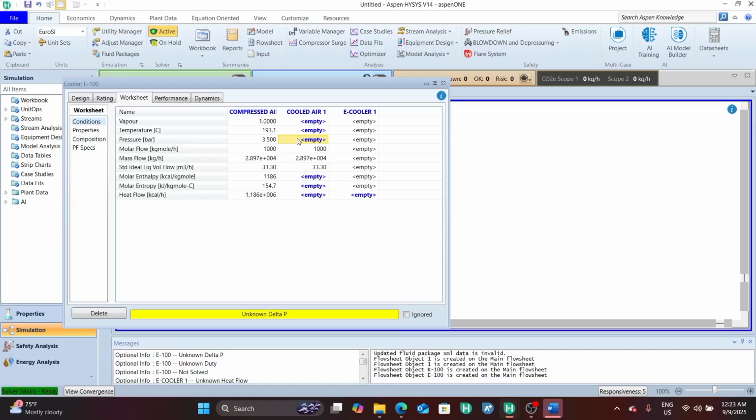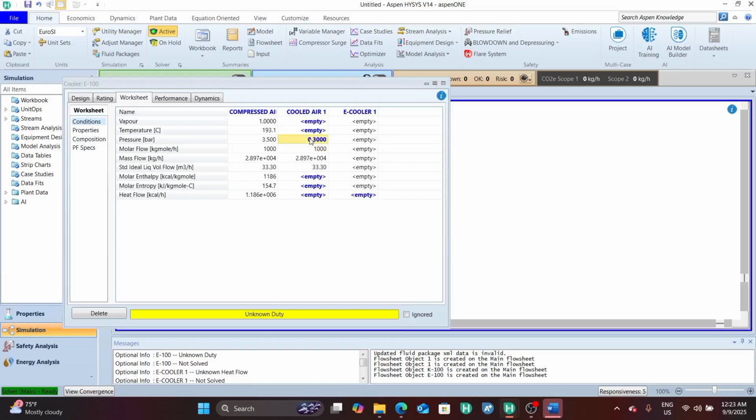Now, another thing we need to take note of is that in equipment such as columns, heat exchangers, coolers, and heaters, we experience pressure drops, typically around 0.1 bar to 1 bar. So for this work, we're going to be assuming a pressure drop of around 0.3 for each of those coolers.